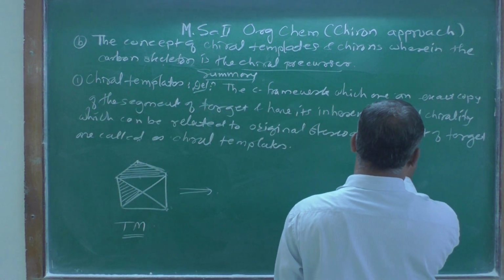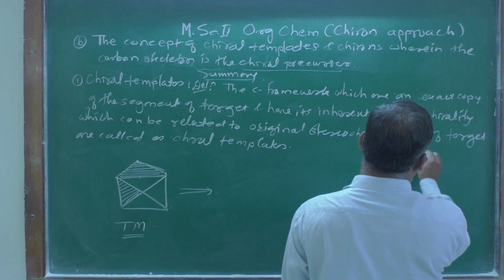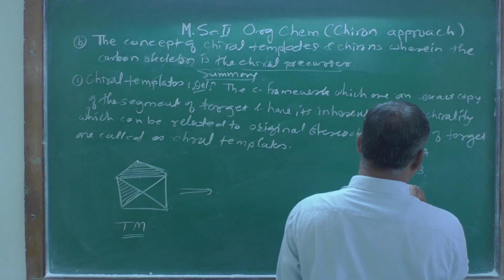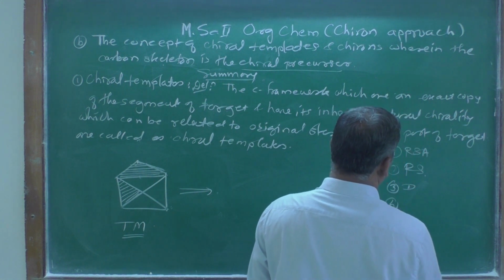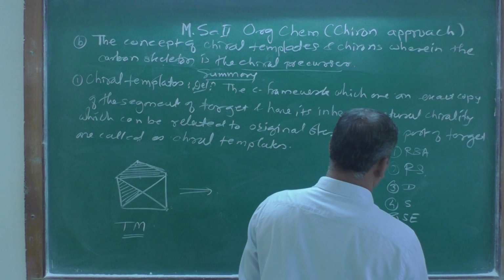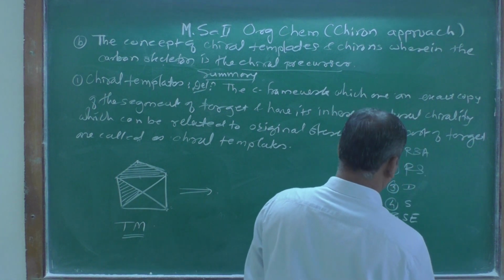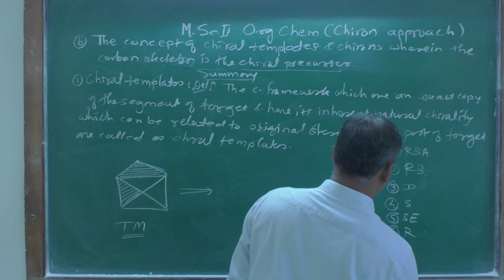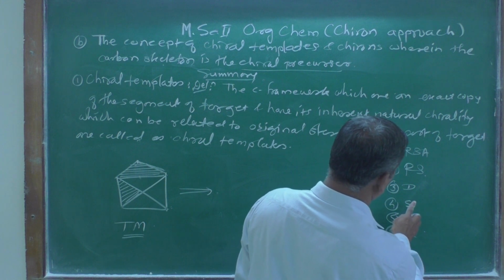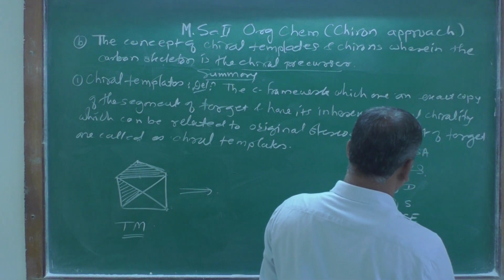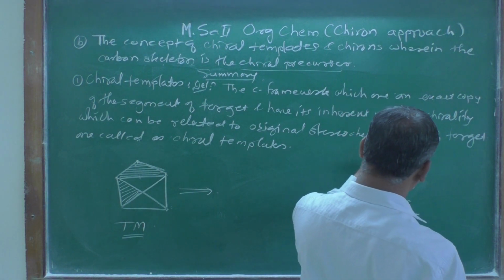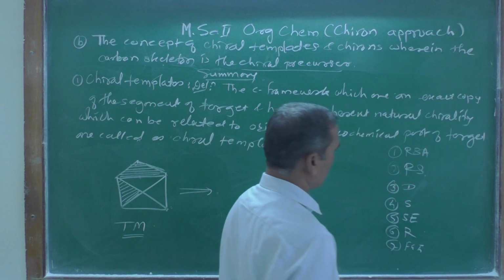In retrosynthesis we use some terms: first, retrosynthetic analysis; second, retrosynthesis; third, disconnection; fourth, synthon; fifth, synthetic equivalent; sixth, R means reagent; and seventh, FGI, functional group interconversion. 1, 2, 3, 4, 5, 6 and 7.